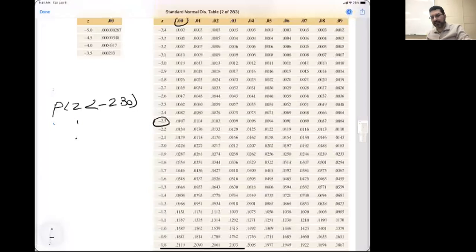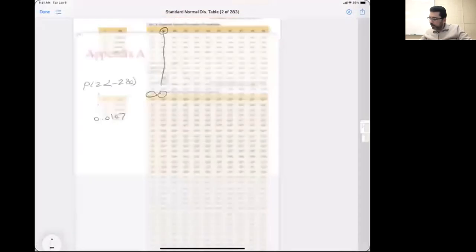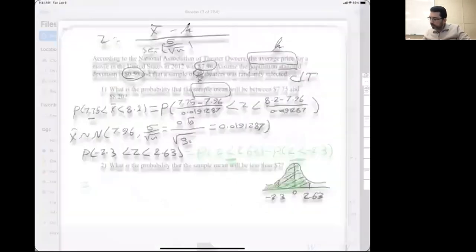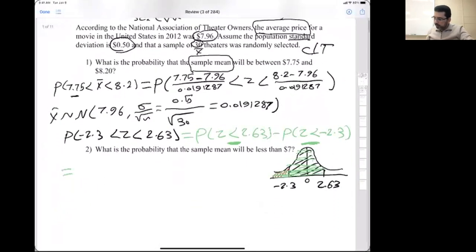So under the second column, the intersection between them is 0.0107. So you now have the small area and the large area to the left of these two numbers. Now you subtract the small area from the large area. So if we return to our question here, we subtract 0.9957 minus 0.0107.